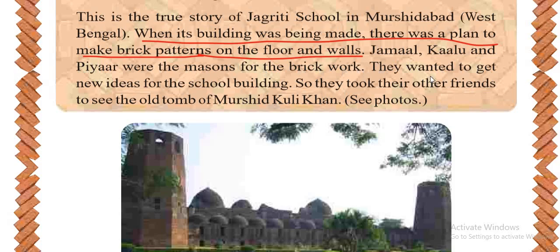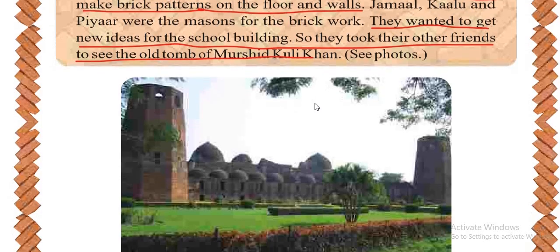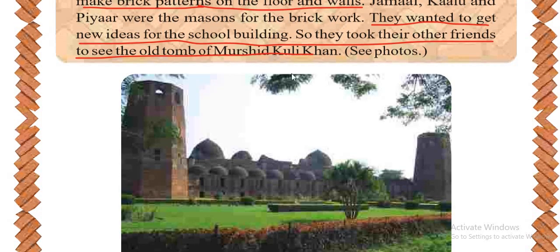They wanted new ideas for the school building, so they took their other friends to see the old tomb of Murshid Quli Khan. Here is a photo of the tomb of Murshid Quli Khan.